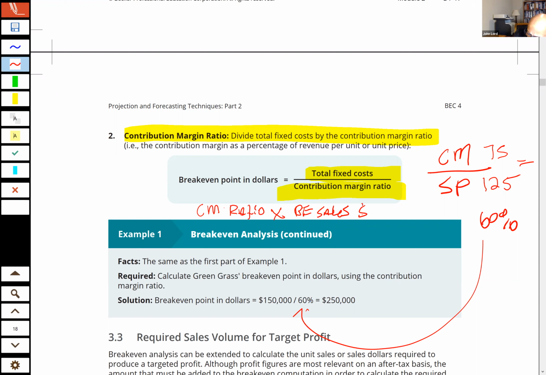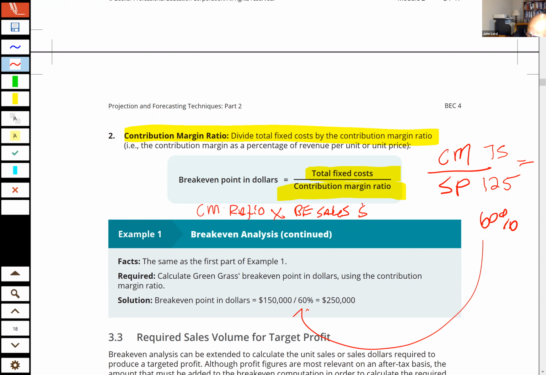Has to equal the fixed cost. Okay, and then you just go ahead and you do that math and you come up with the same answer that we got when we multiplied the $125 times the break even in units, 2,000 units, whatever it was. Okay, question?